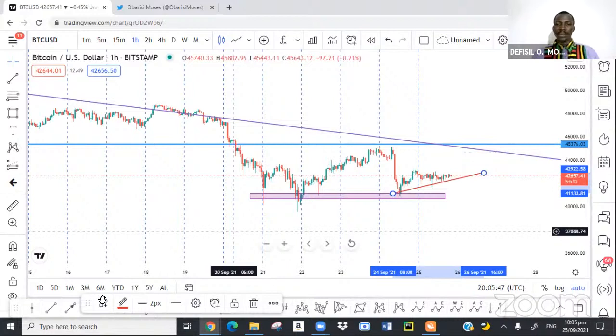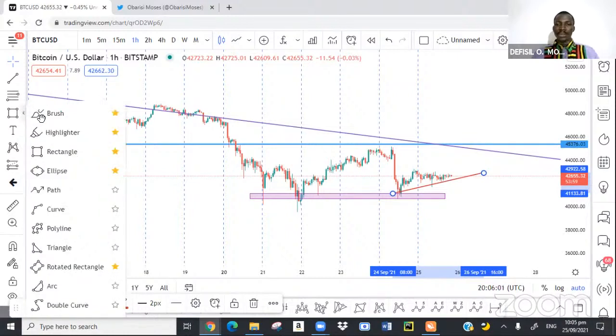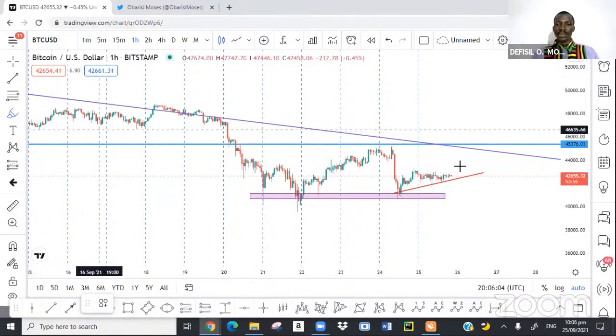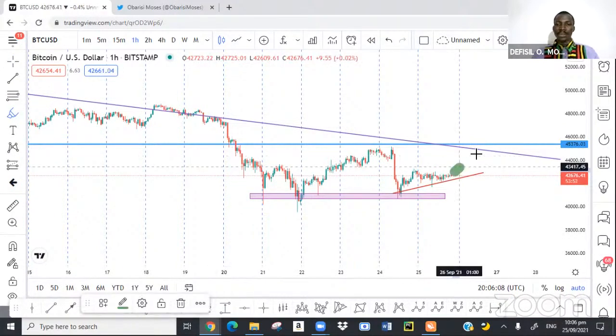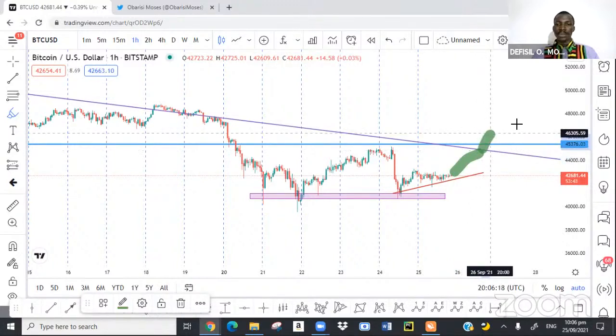Yes, my tool. Let me do some drawing. Like I was saying, I will consider waiting for this market to get to this level. If it breaks upward and retests, then I will take a buy.